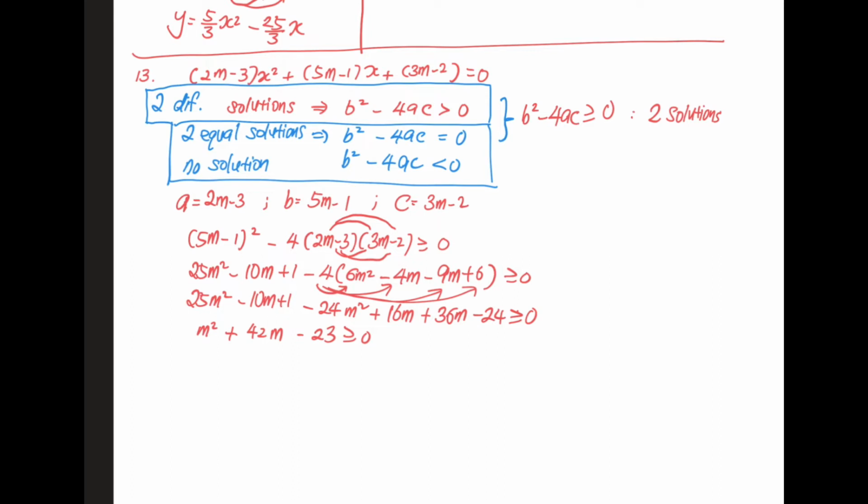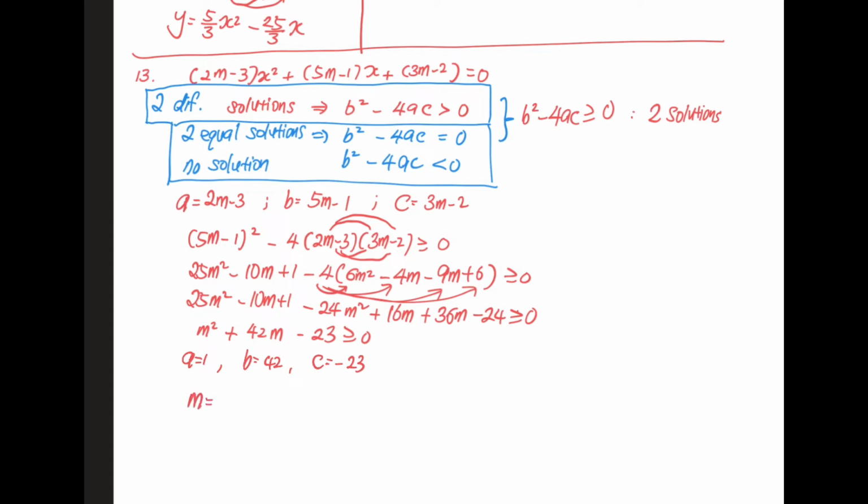Once we get this quadratic inequality, what we need to do is factorize it if that is possible, but I know that we can't factorize for this case. Because of that, we have to use the quadratic formula. So a equal to 1, b equal to 42, c equal to minus 23.